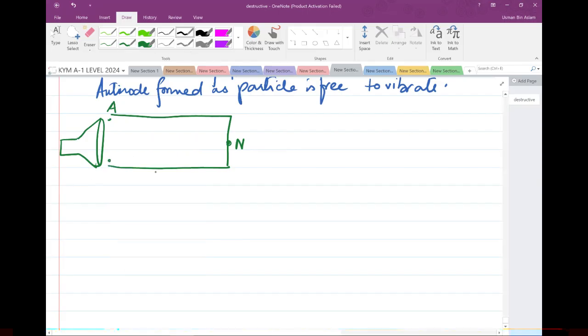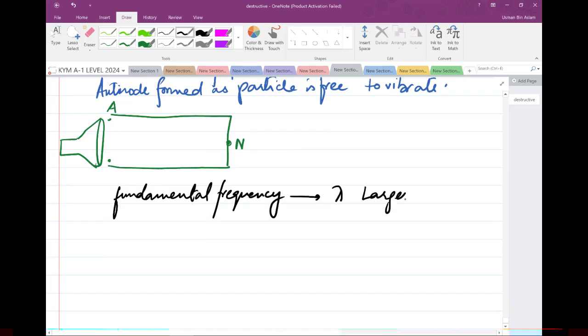Now, for the fundamental frequency, the wavelength has to be largest. We remember fundamental frequency is the smallest frequency of a stationary wave that any instrument can create.